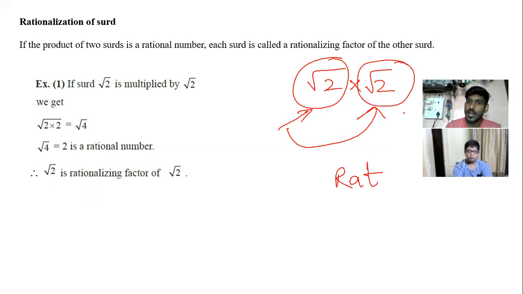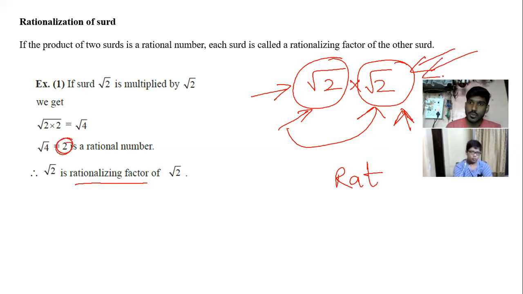So this surd which you are multiplying it with is called a rationalizing factor. Understood what a rationalizing factor is? I am multiplying this surd root 2 with another surd, root 2 only, and I'm getting a rational number, that is 2.